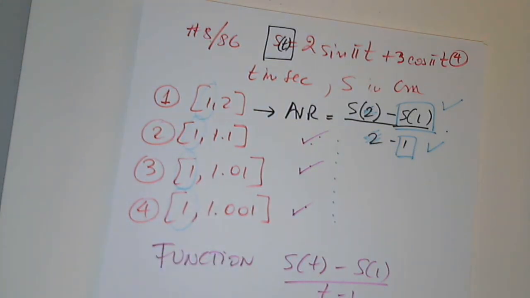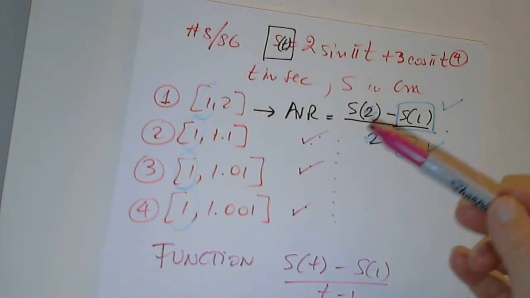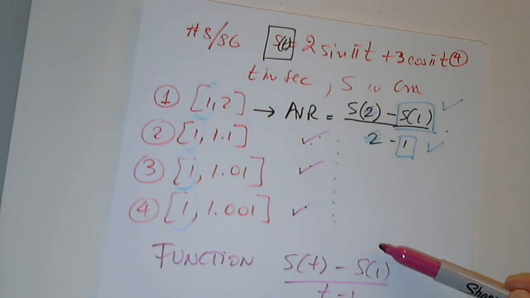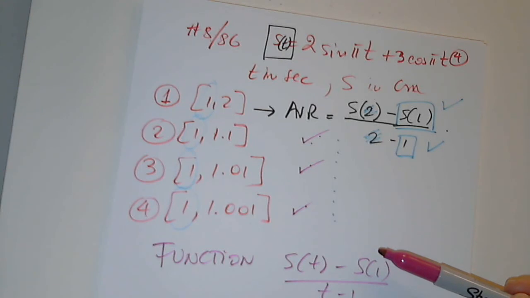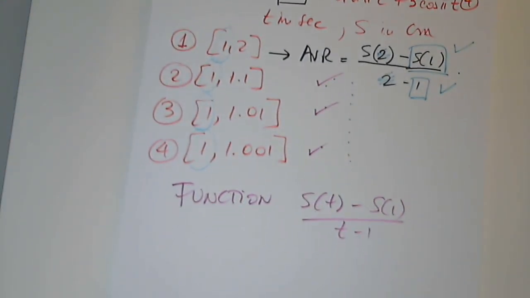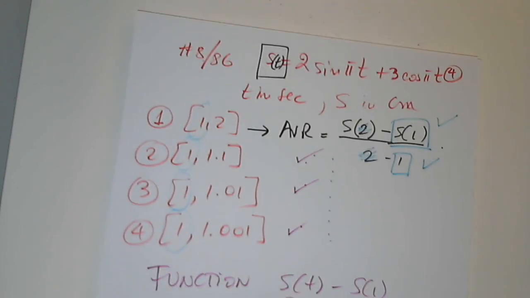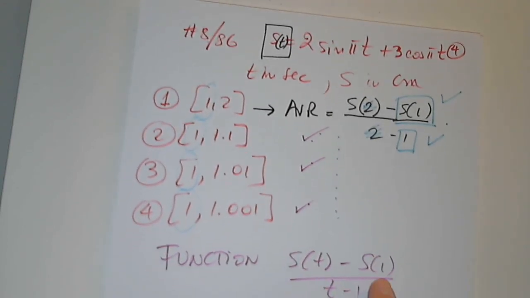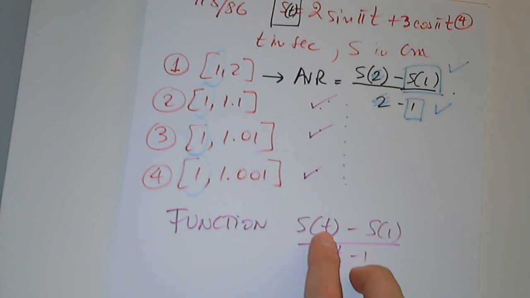And I will get all numbers at once instead of calculating or redoing this 4 times. You don't have to. So let's plug it in. So first of all, s of t is s of t, and I plug in s of 1. And then I don't have t in the calculator, so it's going to be x, but that's okay, same thing. And then denominator x minus 1.